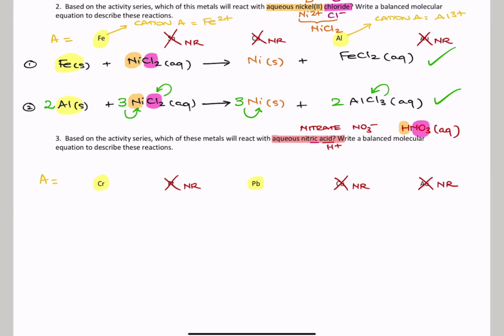So we will be able to write 2 reactions, 1 and 2. The first one where chromium solid reacts with nitric acid aqueous. The second one where lead solid reacts with nitric acid aqueous.